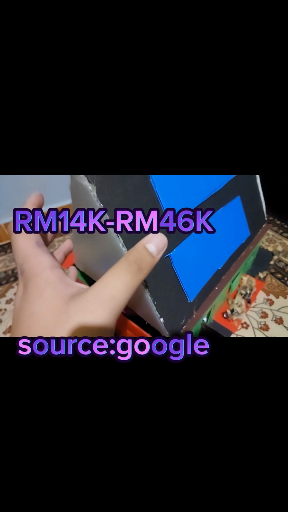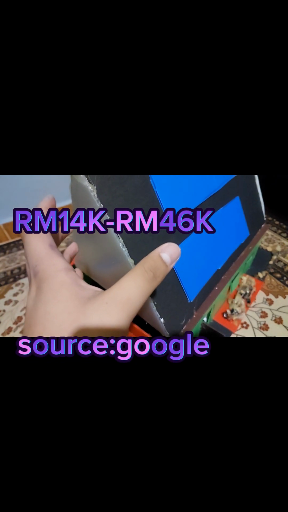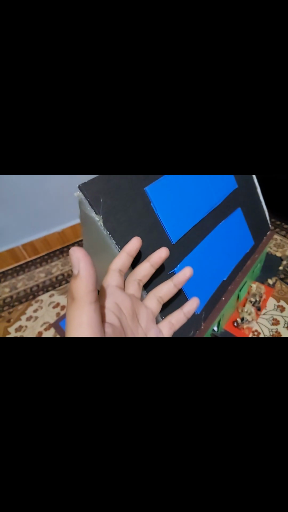Yes, it's really good. And yeah, you may complain about the price. Well, the price is from 14,000 ringgit in Malaysia to 46,000. So it may be pricey, but think about it, guys.